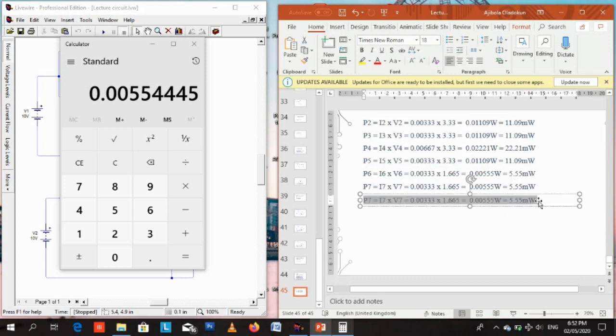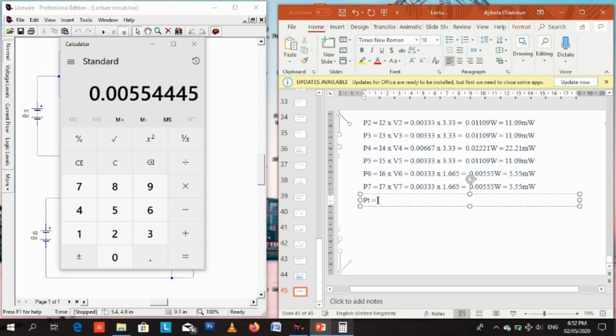So total power PT is P2 added together through to P7. If we add P2, P3, P4, P5, P6 and P7, we will get our total power PT. And that has nothing to do with whether the resistors were connected in series or in parallel.